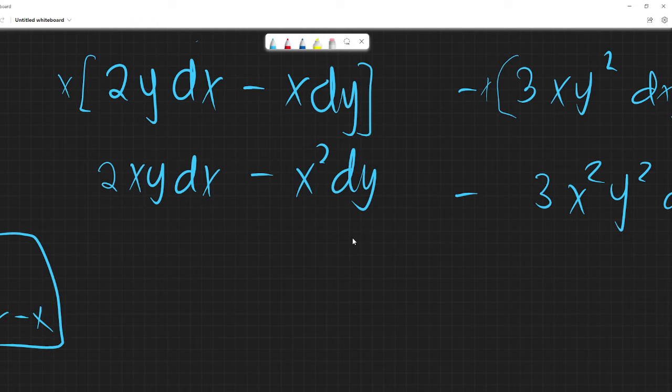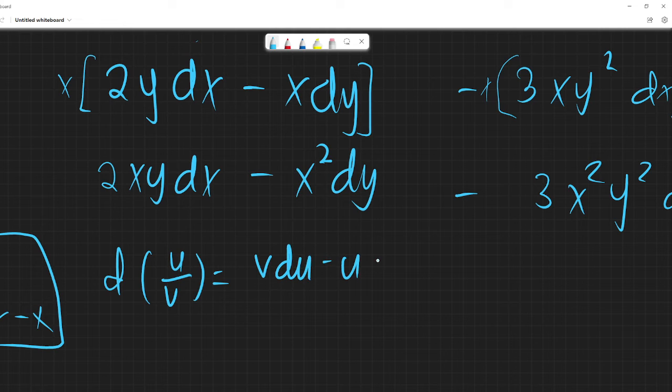And since we have established the relationship here, I could see that this equation is mostly related to the derivative of a quotient, which is represented as differentiating u over v is equal to v du minus u dv over v squared.